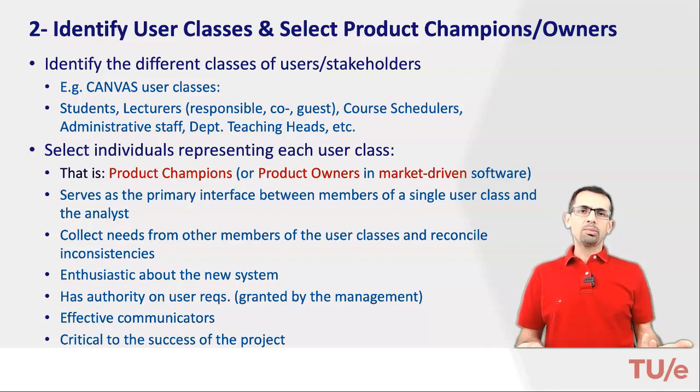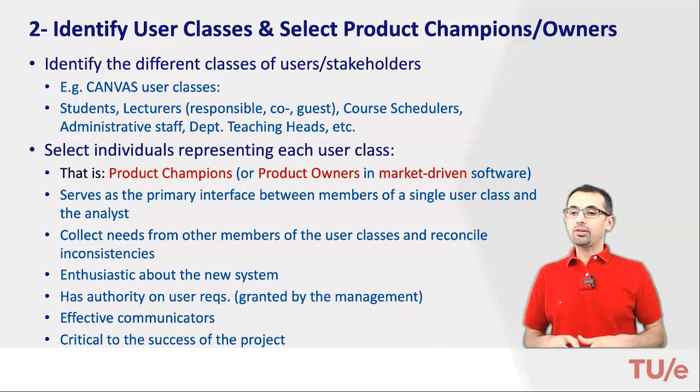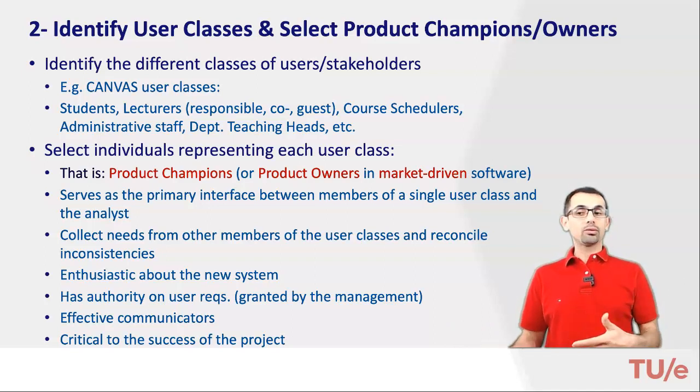So we expect, of course, some nice characteristics of these product champions. They should be enthusiastic about the new system. They should be good communicators anyway, so they shouldn't be shy people. They should have some authority on the user requirements granted by the management. That's also important.